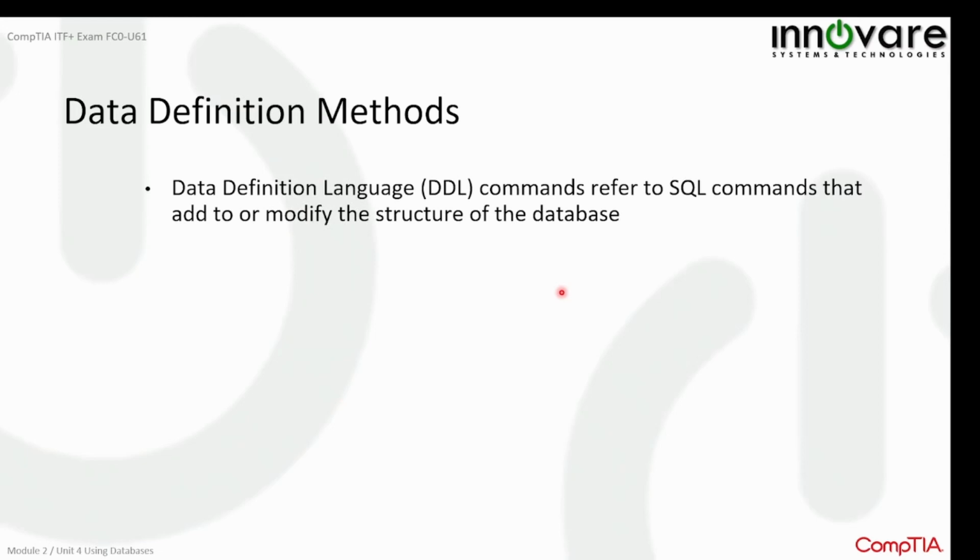And the common commands for DDL are, of course, create when you are trying to create a database, or alter table command when you are trying to modify. Those are the SQL commands that you will see, and drop, and then create index.